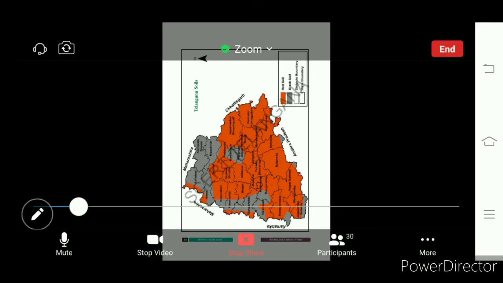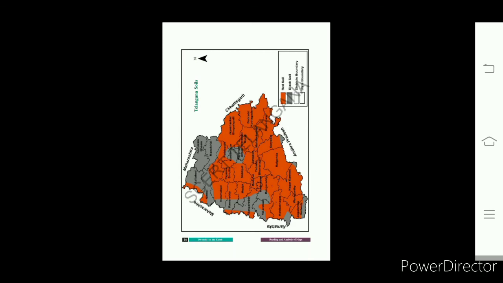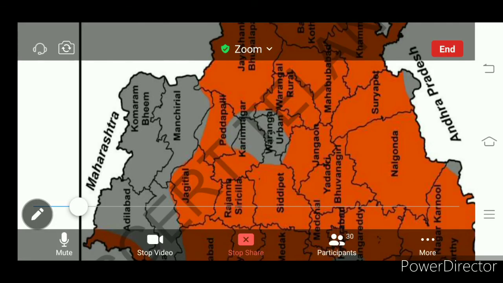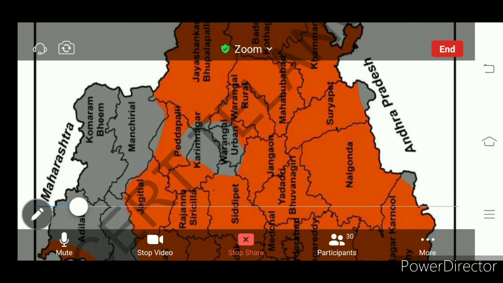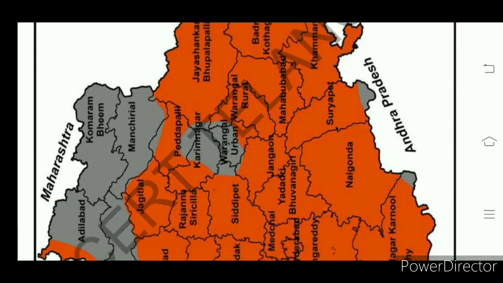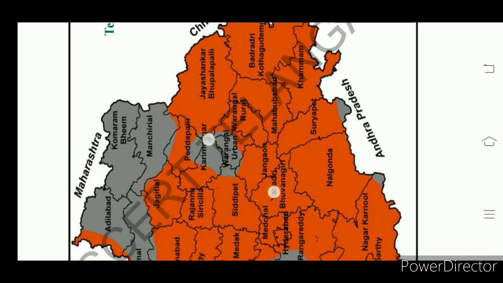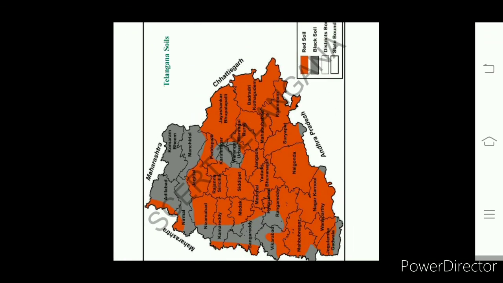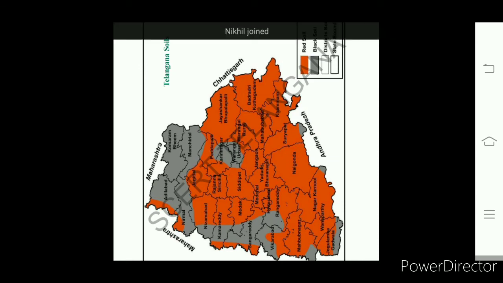Okay, this is a map showing the types of soils in Telangana. Black soils, where do we have? Red soils, where do we have? So it is a map showing the soils in Telangana. So it is a thematic map. What is a thematic map?